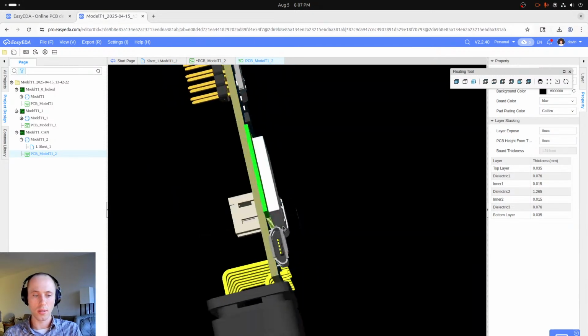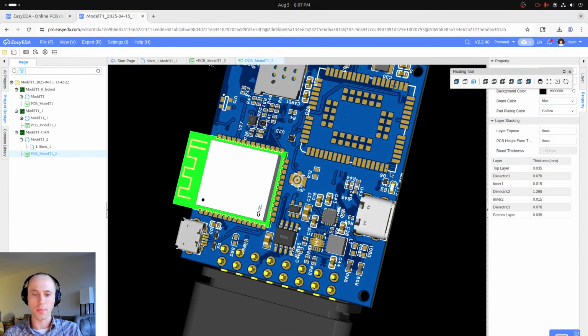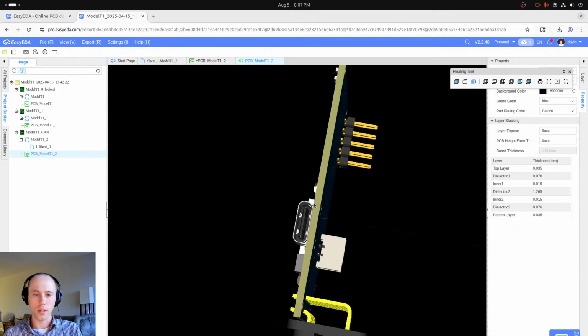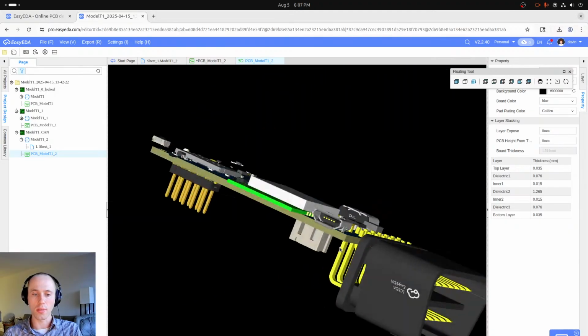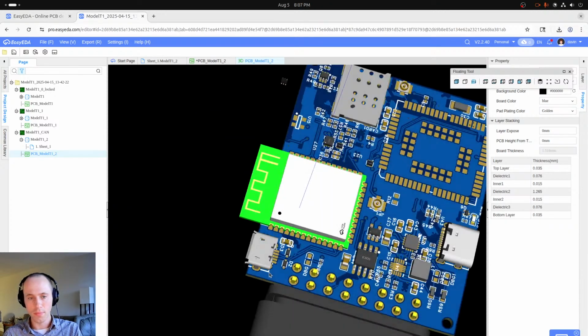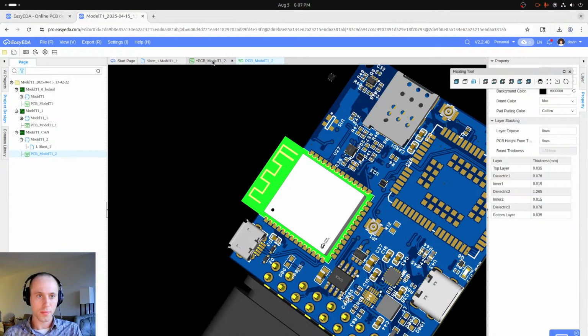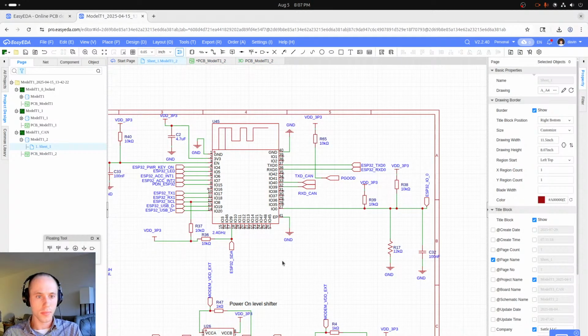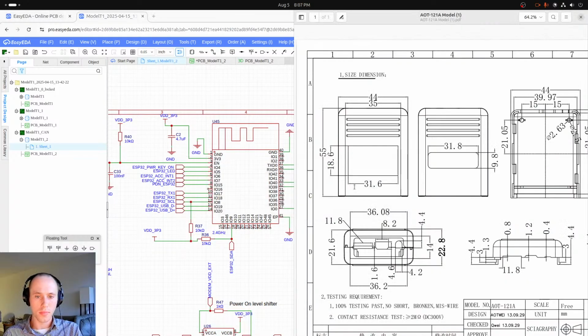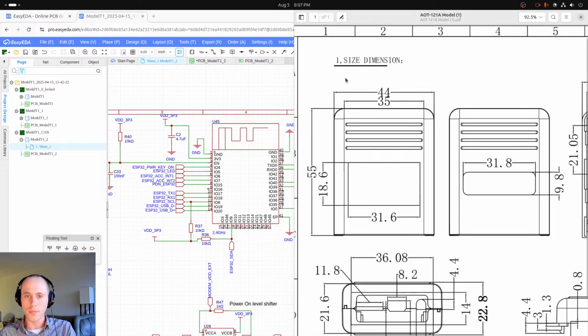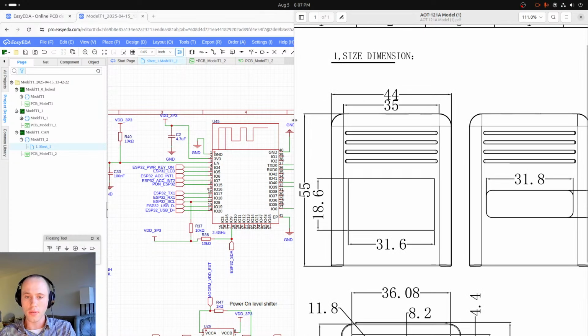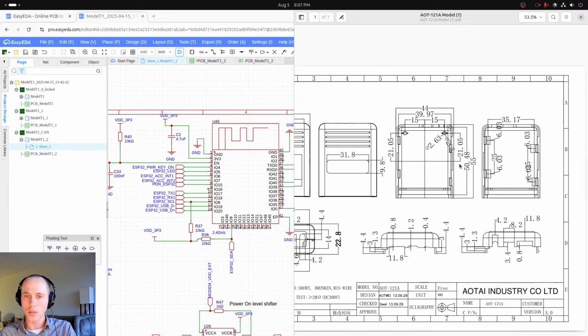USB-C? No, yeah, this is the USB-C connector, and this is a debug connector. Yeah, the board's gonna have to shrink. 35. Maybe not so substantially as I was thinking.